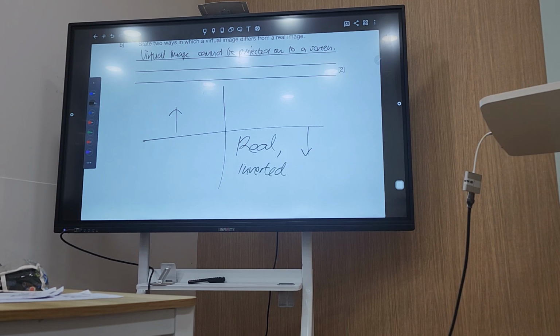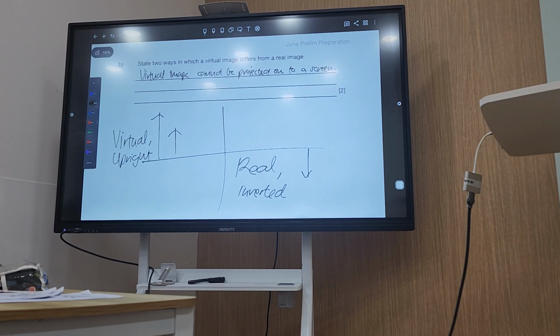But if I have a virtual image, it will be upright. If you are virtual, you are upright. If you are real, you will be inverted. You cannot be real and upright. Physically impossible. So another difference of course is that your virtual image is upright, while the real image is inverted.